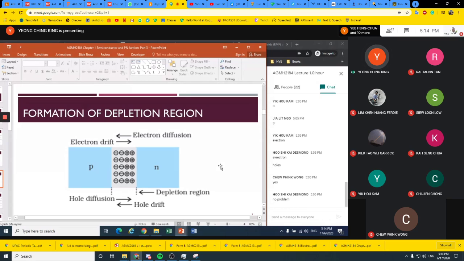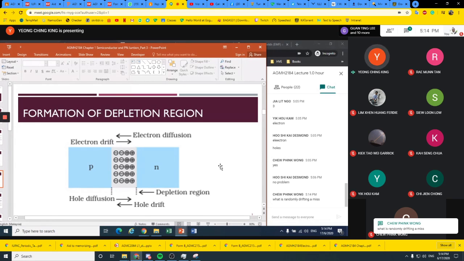At the instance of the PN junction formation, the N region will lose free electrons as they diffuse across the junction. Before that, when these two are separated, the electrons are moving randomly inside this N region.